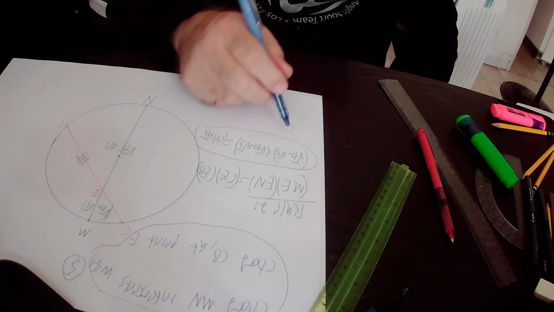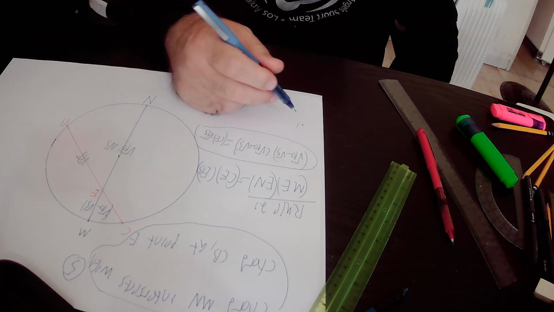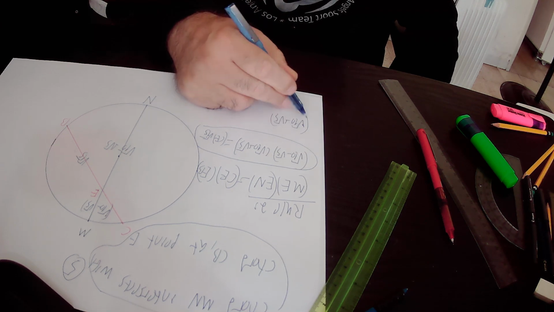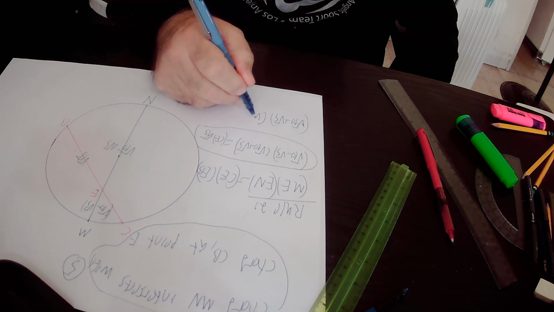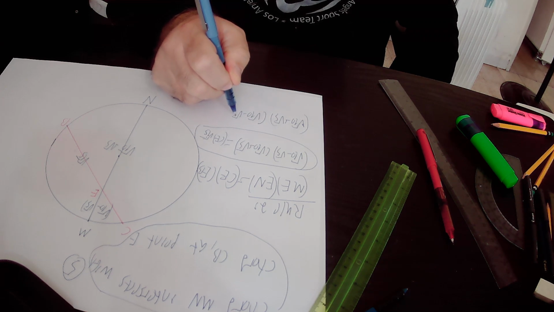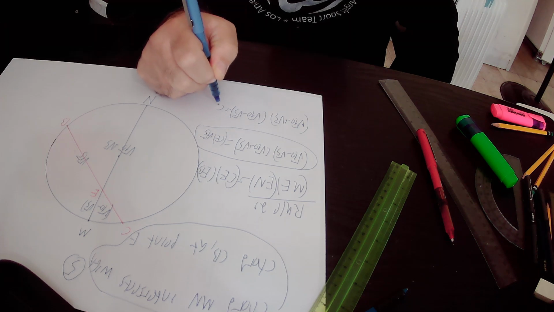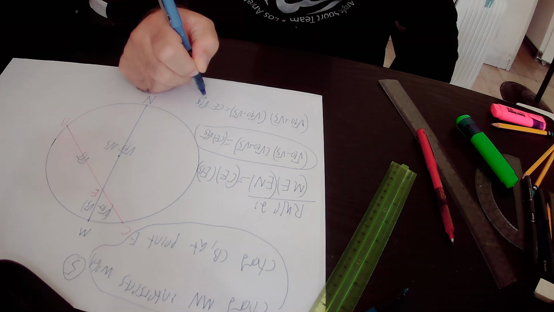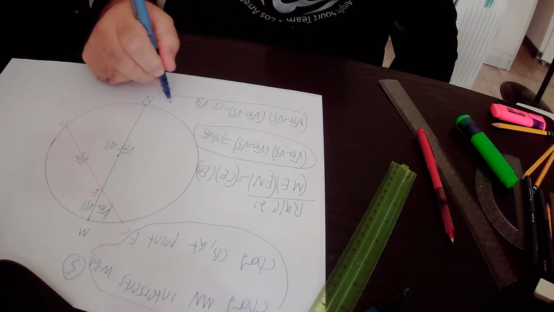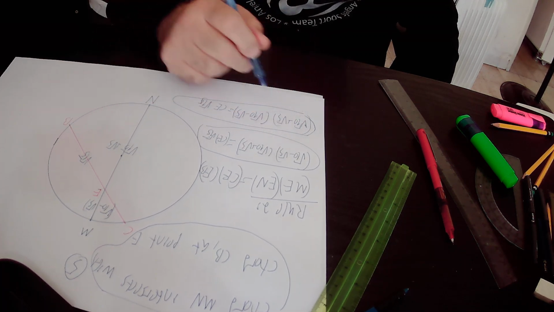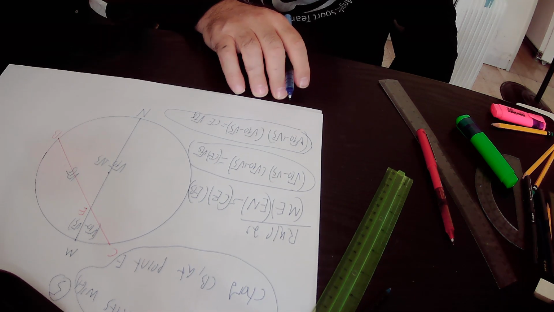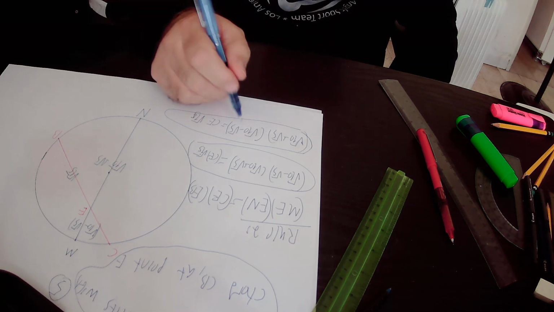You can write down here that square root of 10 plus square root of 5 times square root of 10 minus square root of 5 equals CE times square root of 15. We find out the value of this expression, square root of 10 plus square root of 5 times square root of 10 minus square root of 5.